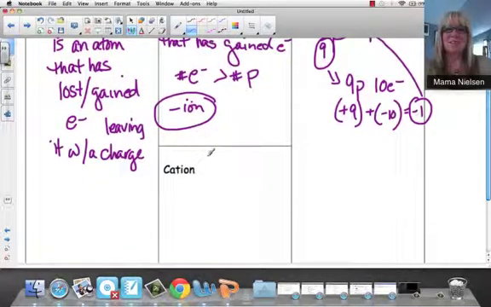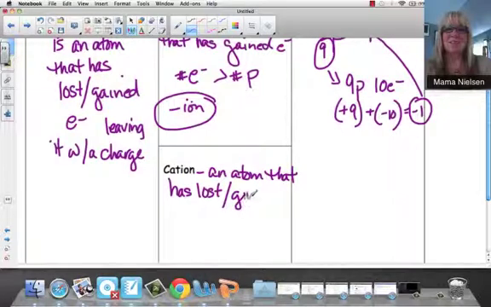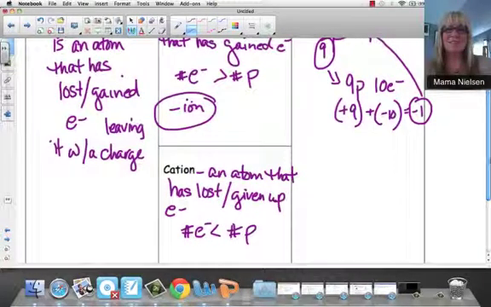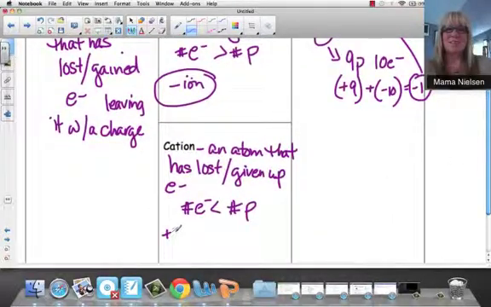Let's look at a cation. Well, if an anion was an atom that's gained electrons, then a cation is an atom that has lost or given up electrons. So now your number of E is going to be less than your number of P. And that means that you're going to have a positive ion.